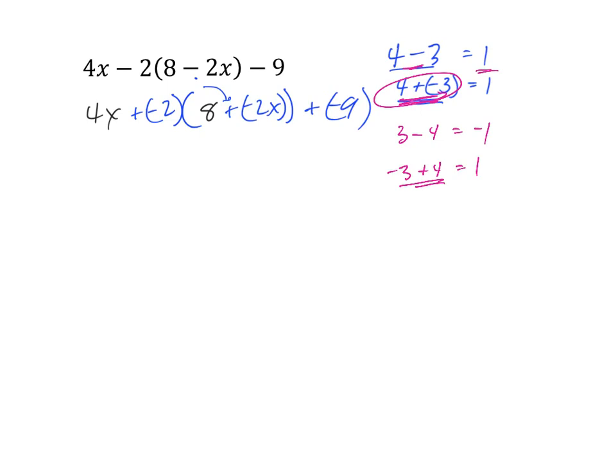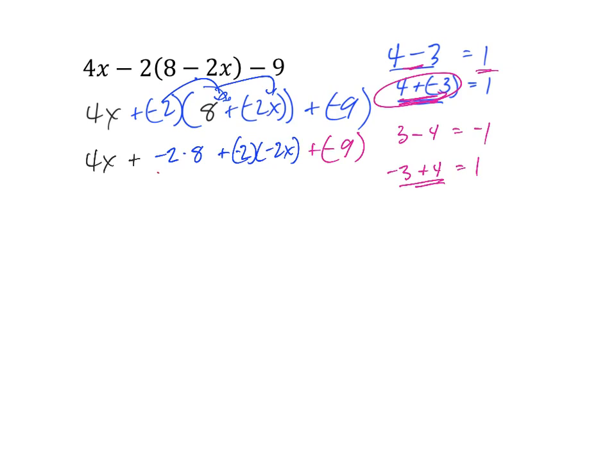Okay, so we've changed all of these to addition. So now we're going to simplify. Again, we have 4x, and then we were supposed to distribute the negative 2 because it's being multiplied by both of these. So we're going to have negative 2 times the 8 plus negative 2 times the negative 2x plus the negative 9.